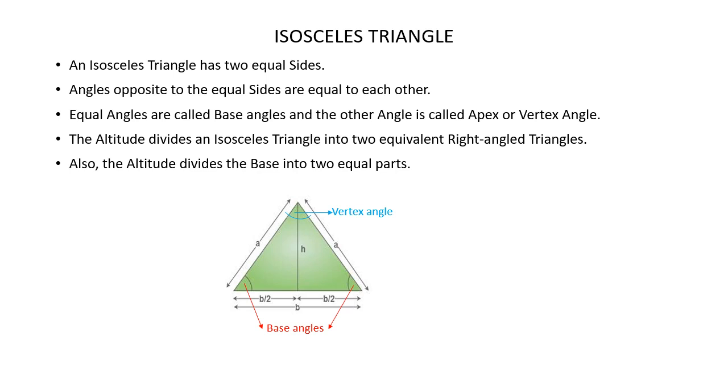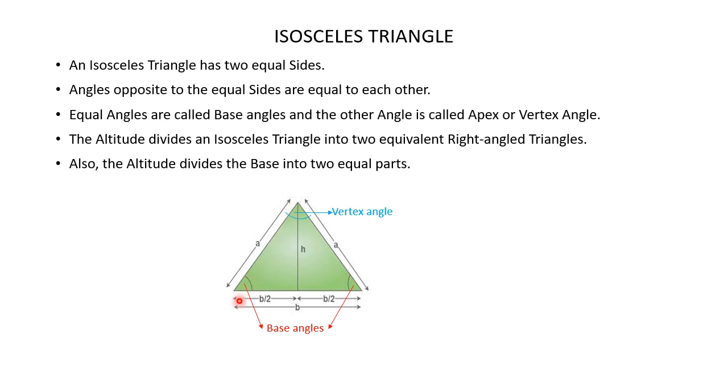Now if we draw a perpendicular to the base from the vertex opposite to the base, then the length of that perpendicular is the height of the isosceles triangle. Now this perpendicular line divides the isosceles triangle into two equivalent right angle triangles.